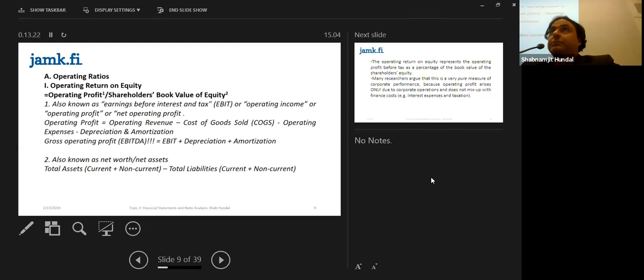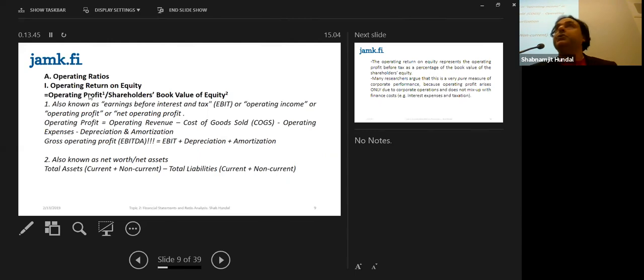So we have two concepts here. EBIT, and the second thing we require, I recommend that when you calculate this ratio, go by the net operating profit. So in the numerator here, you have the operating profit, right?